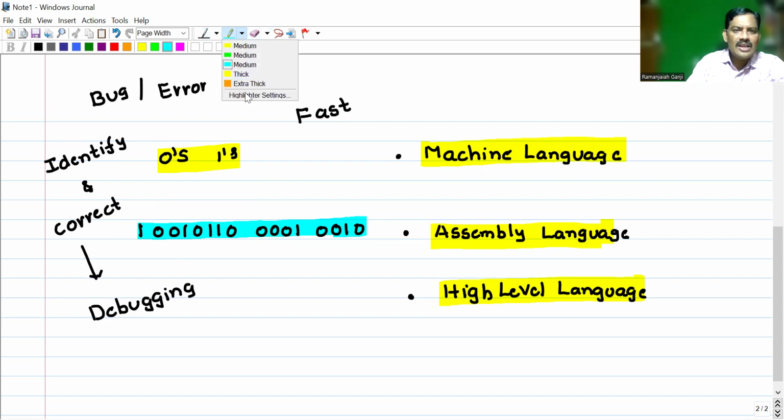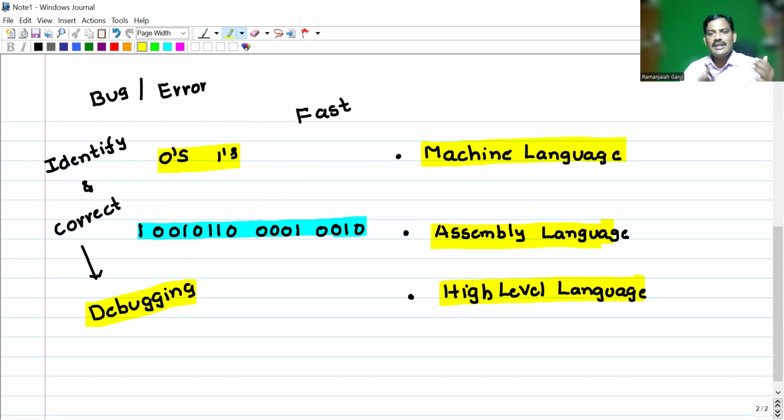Once you write the program, that program needs to be executed. During execution, there is an error. Error is nothing but a bug. That bug needs to be identified and then corrected. That process is said to be debugging. So there are three types of programming languages. Number one, machine language.